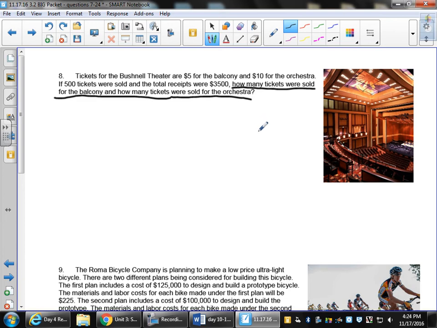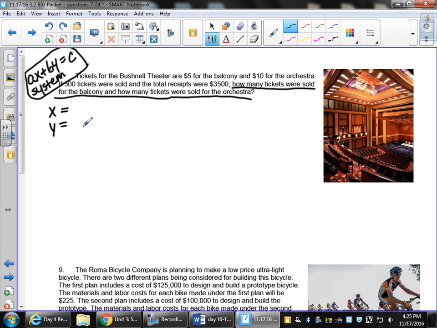This is a how many of each number question, so right away I know this is an AX plus BY equals C system. From the question we can get our variables.